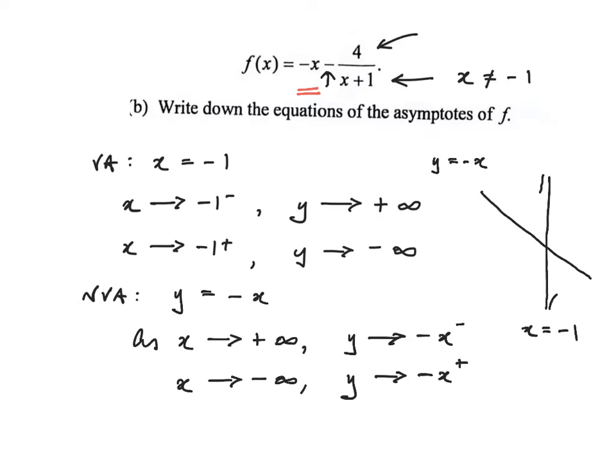And you can see what's going to happen. When x is larger than negative, which means in this direction here, we approach the non-vertical asymptote from above. So these two will join up like so. And when x is large and positive, which means in this direction here, we approach the non-vertical asymptote from below. So we have something that looks like that.